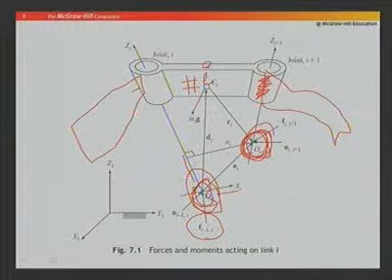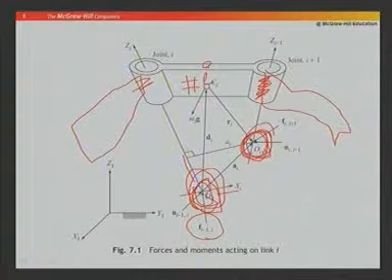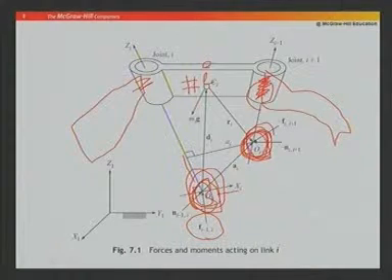So, this is for mathematical formulation purposes. Whatever physical forces are applied here, we consider with respect to this point, because the origin of the ith frame is situated here and the origin of the I plus first frame is situated here.